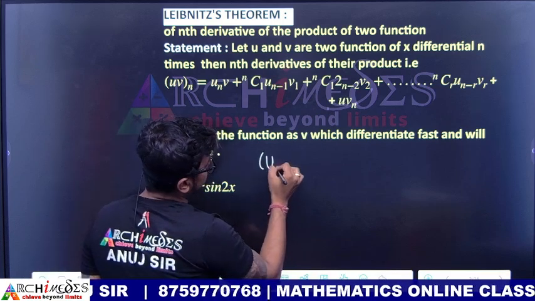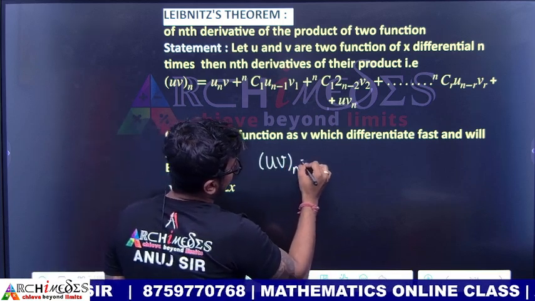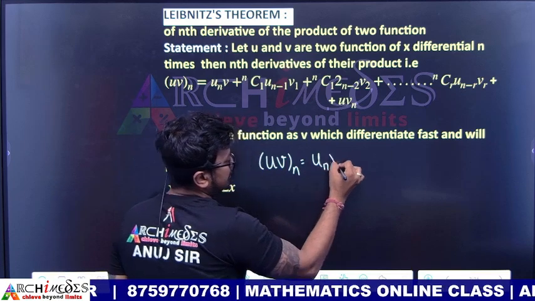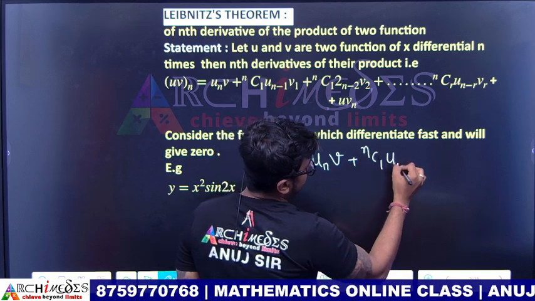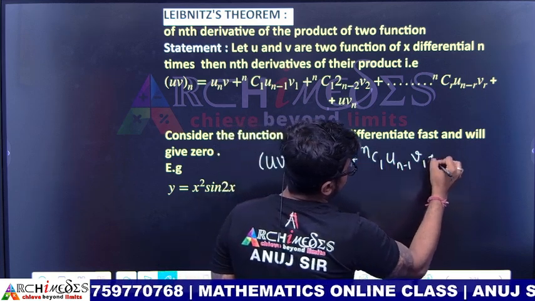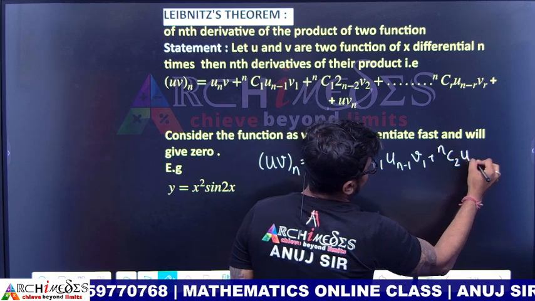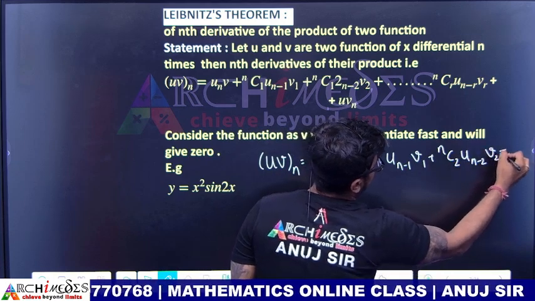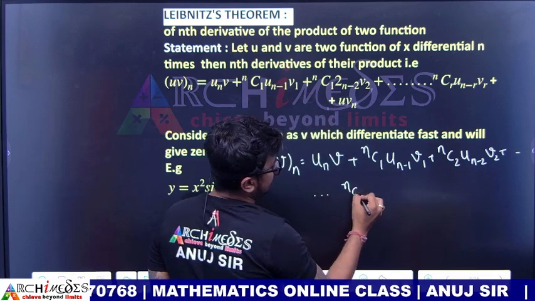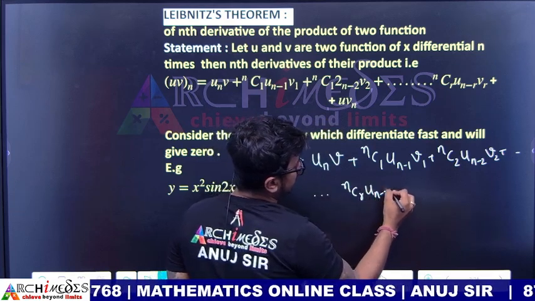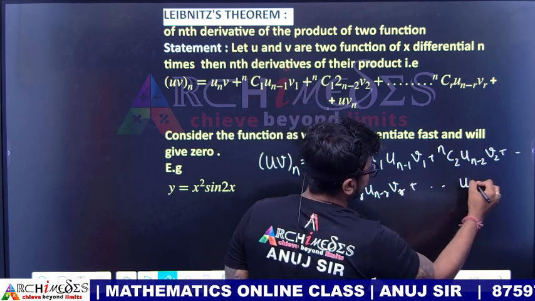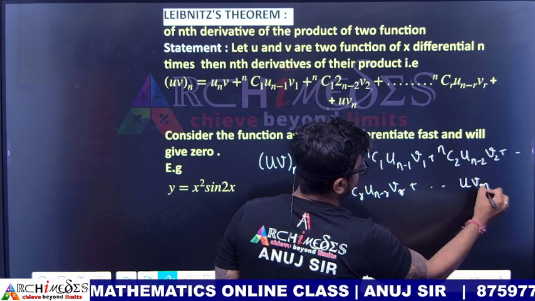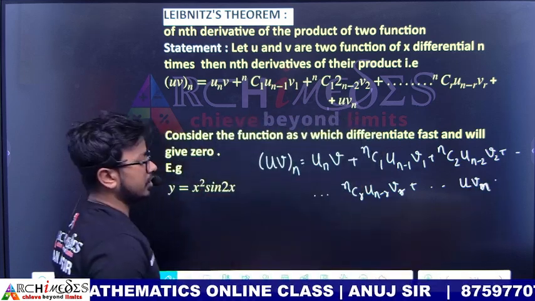What is the (uv)n formula? The Leibniz theorem says: u_n v plus nC1 u_(n-1) v_1 plus nC2 u_(n-2) v_2 plus dot dot dot, in the middle nCr u_(n-r) v_r, and at last u v_n. This is the formula of the Leibniz theorem.